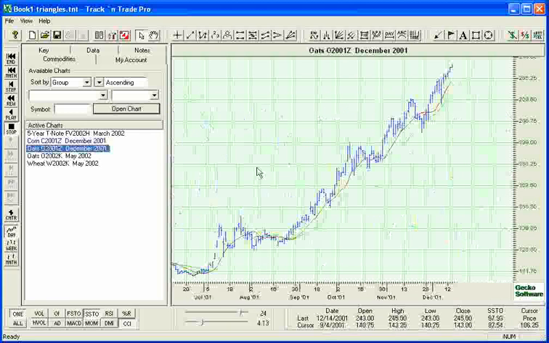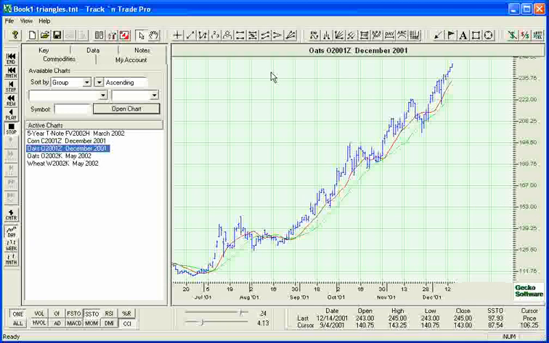Let's go to oats. Now oats is loaded with little triangles and pennants and flags. Let's look at this one. Here's a nice one that'd probably be considered an ascending triangle, or excuse me, descending triangle. We got another, probably a little pennant, right?